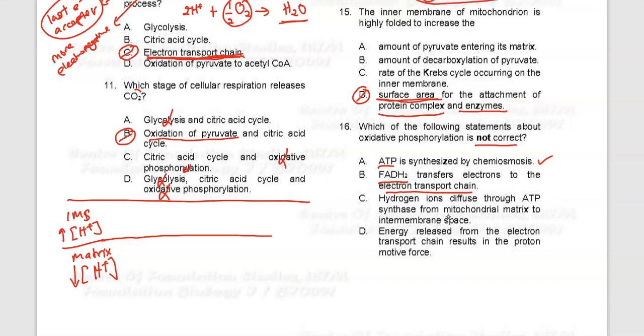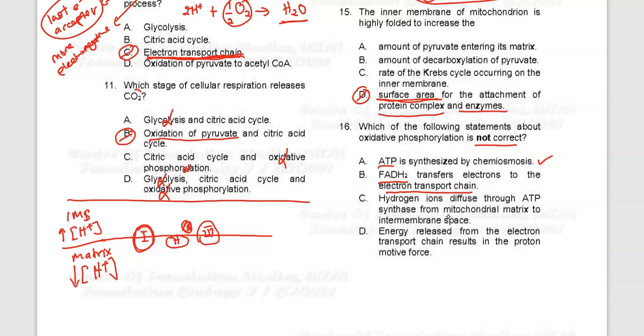In the inner membrane of mitochondria, or cristae, you have the electron carriers of the electron transport chain. First we have complex 1, then complex 2, then complex 3, and in between here you have another carrier, which we call ubiquinone.